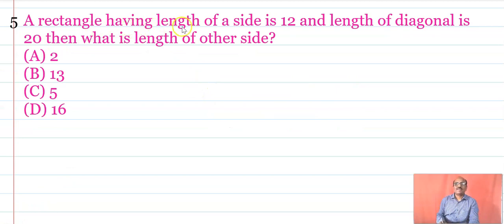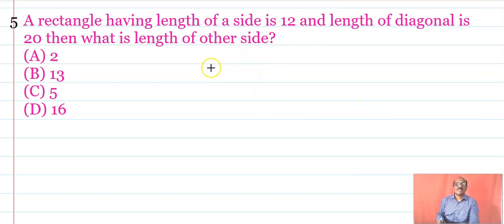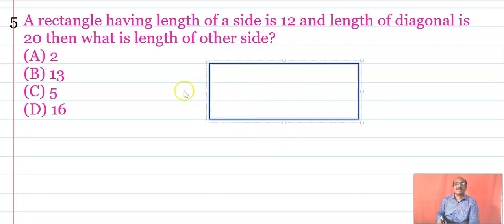A rectangle having length of a side 12 and the length of diagonal is 20. Then what is the other side? Okay. Now here if we draw the rectangle, and what do you say?